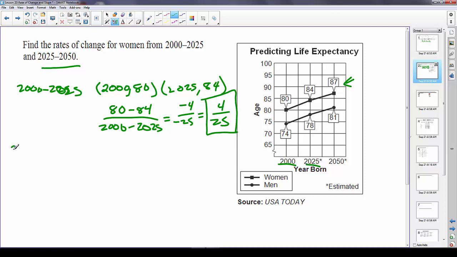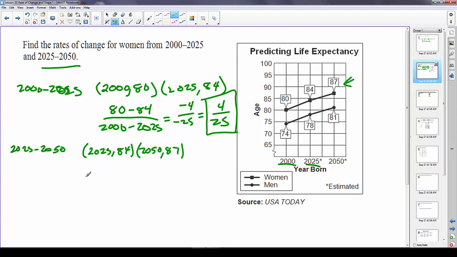And if I go from 2025 to 2050, again, I want to list my points. So at 2025, I have 84, and at 2050, I have 87.